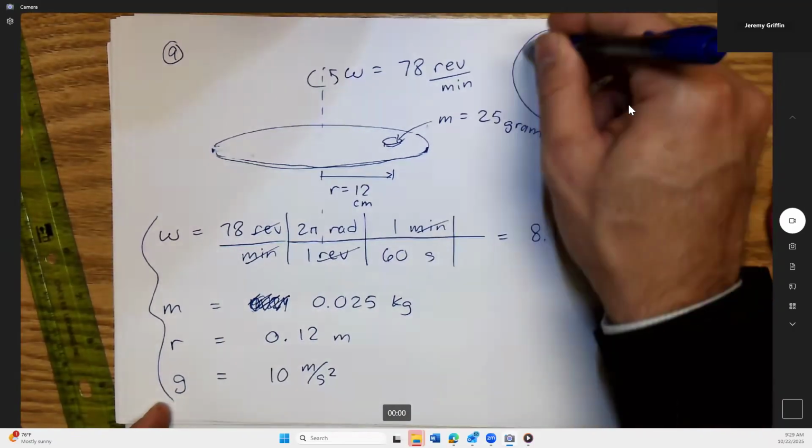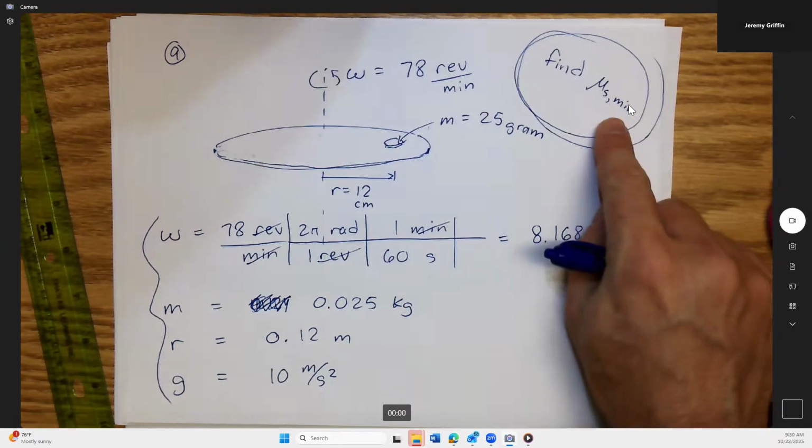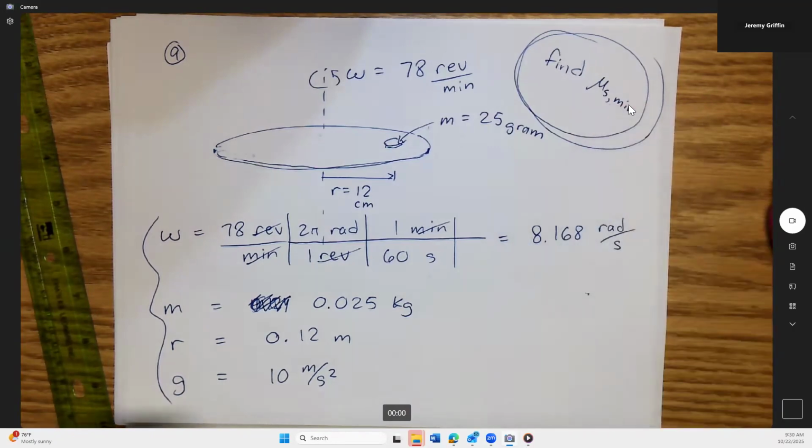The minimum necessary coefficient of static friction. What should I do next? If I'm solving for a minimum, maybe I could set equalities.